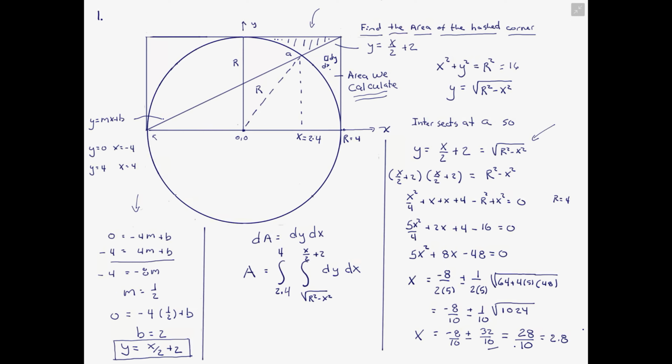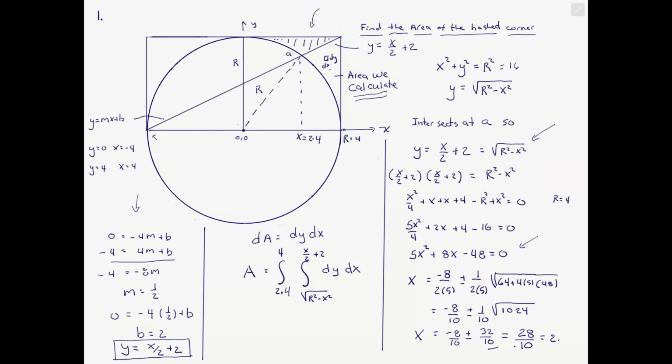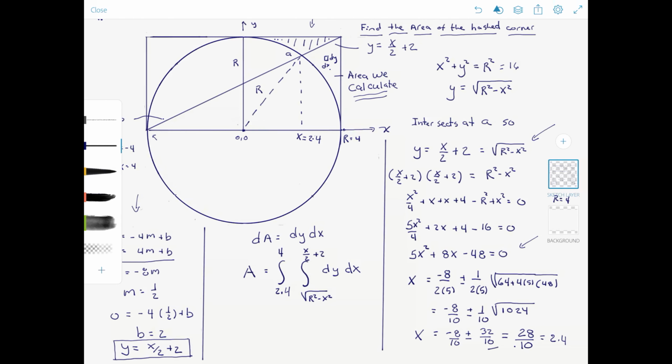And we end up with a quadratic equation down here after doing the algebra, and we solve using the quadratic formula for the x-intercept. And I wasn't careful. I couldn't do my addition properly, so that should be 2.4, and this is wrong also.